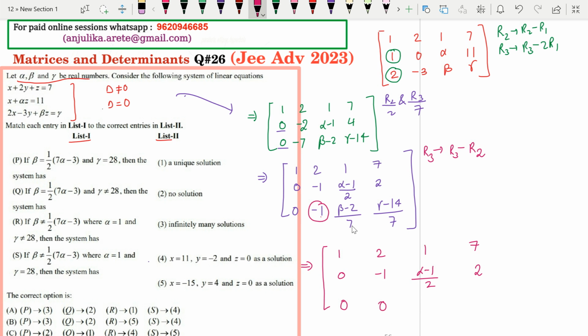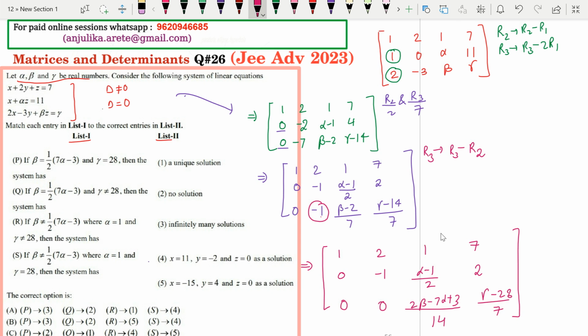Beta minus 2 by 7 minus alpha minus 1 by 2. Do it on the side and check if you're getting 2 beta minus 7 alpha plus 3, divided by 14. And if you do gamma minus 14 upon 7 minus 2, you will end up getting gamma minus 28 upon 7.